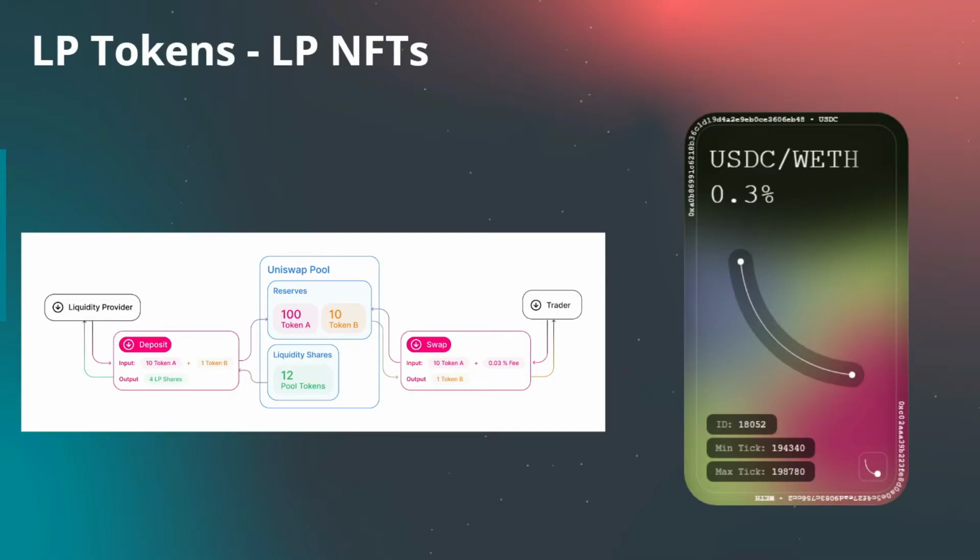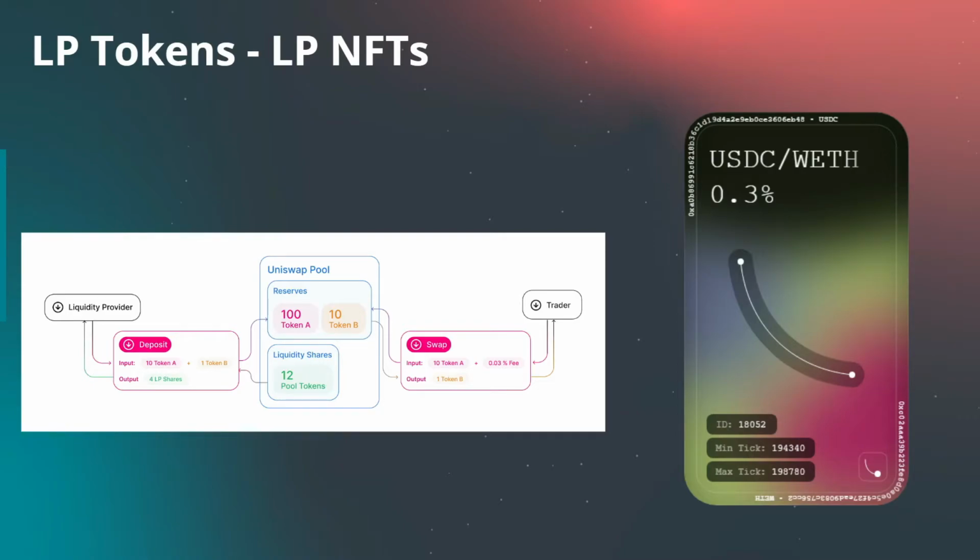Also, if you are providing liquidity to V3 pools, you will see that before V3 you were providing liquidity and receiving LP tokens, which all the DEXs provide to you. But with V3, users now receive LP NFTs to prove that they own liquidity on the price curve.